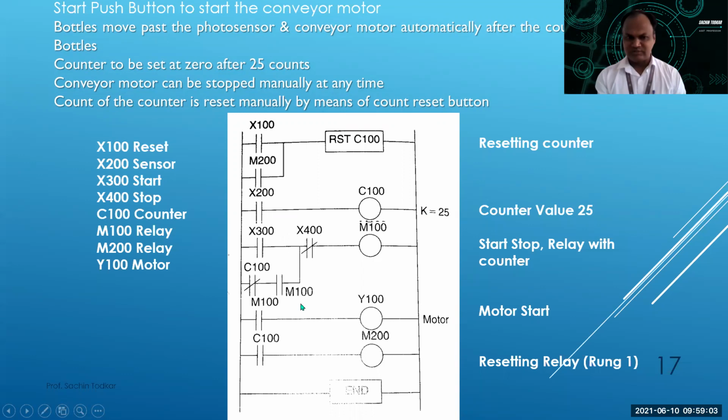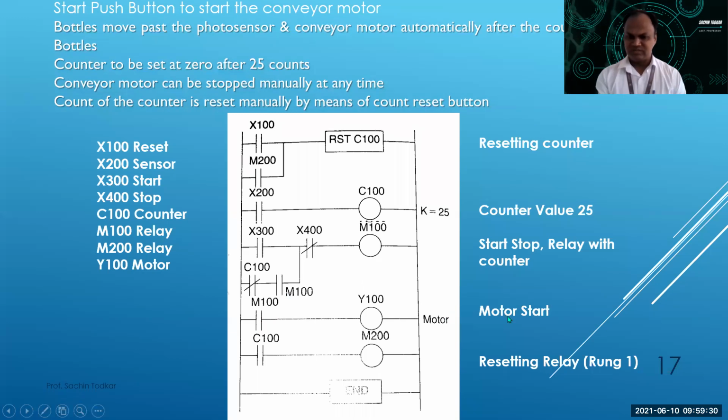X300 is the start button. So when it is start, then the motor, or the first relay, will be on. At that time, your counter 100 reset should be off and M100 should be in latching. So that is given here. And when M100 is on, your output motor must be on.